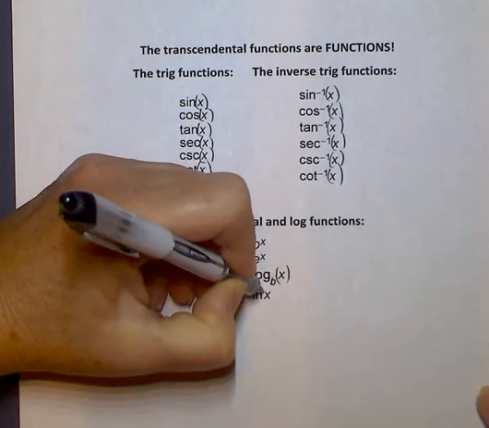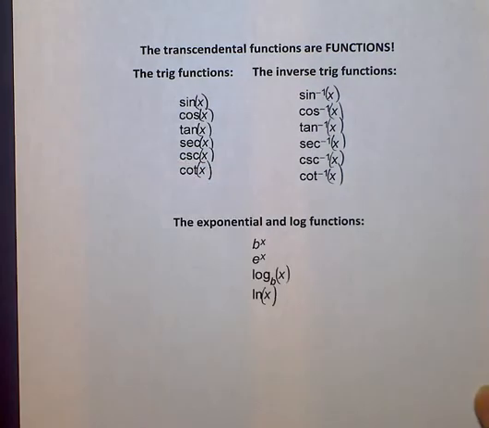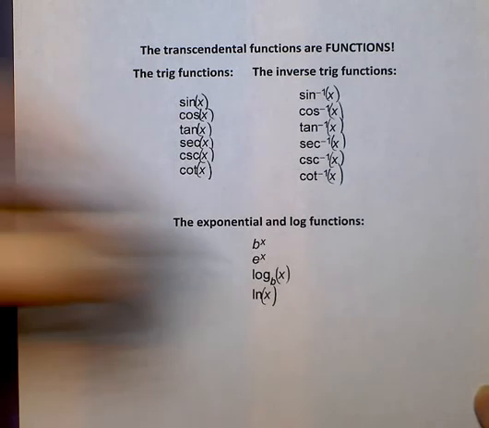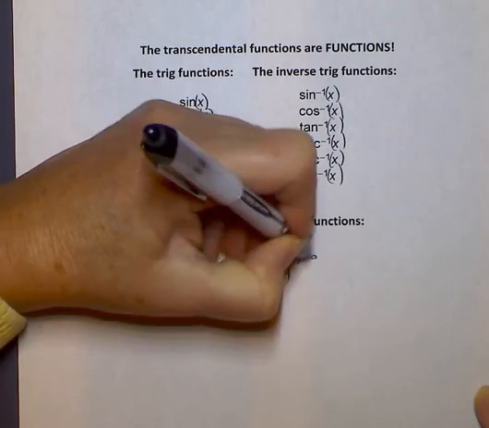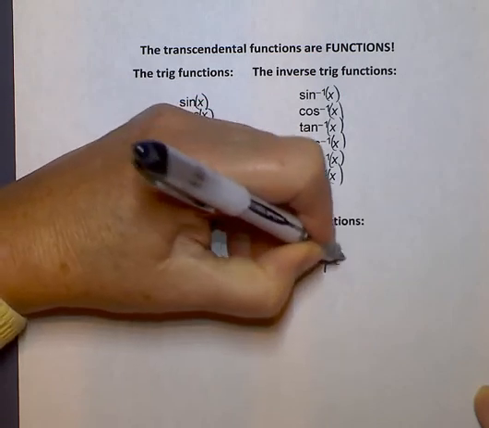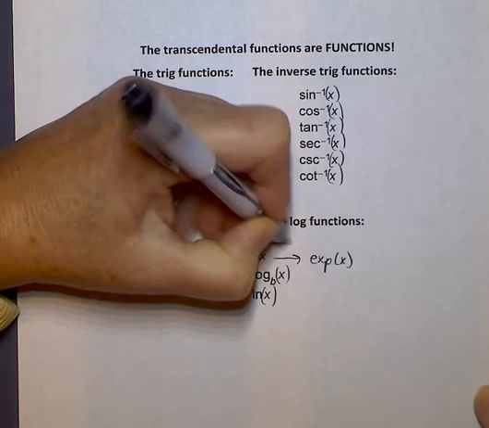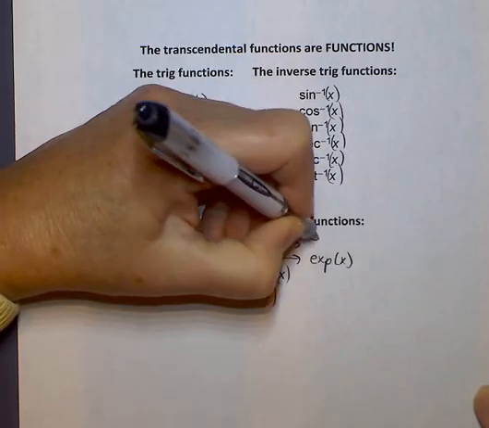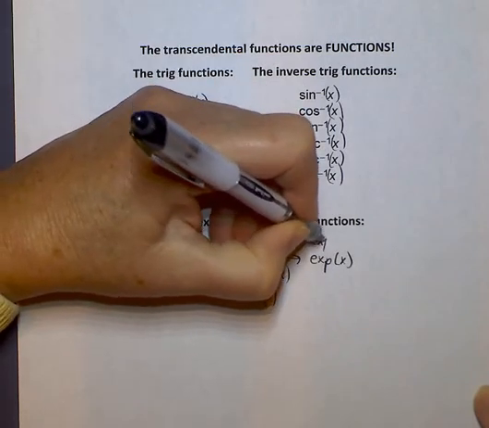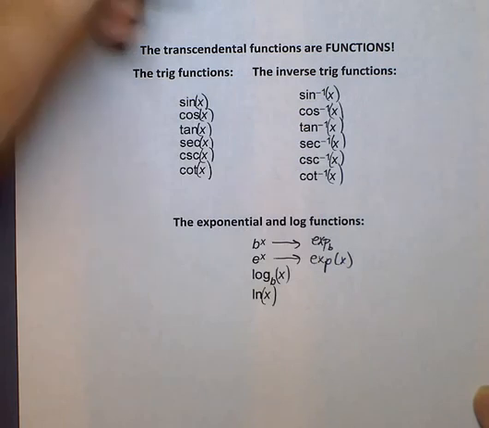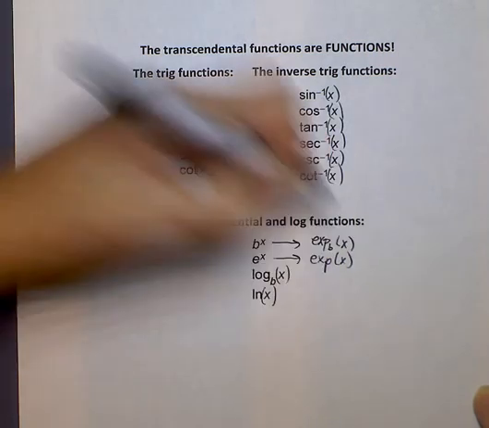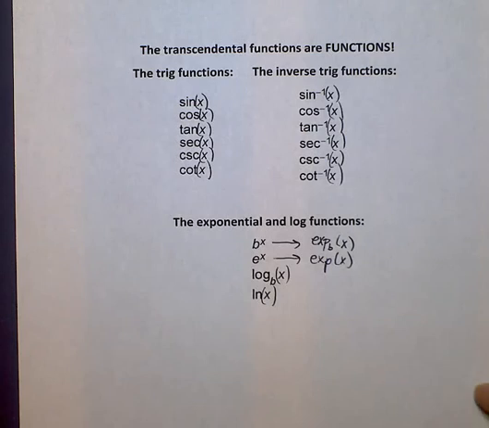Of course, for the exponential functions, this is a little bit awkward, but many computer algebra systems will write e to the x instead as exponential of x. And I guess the b to the x, we could sort of adapt a hybrid expression like exponential base b of x. That'd be very consistent with how we write logs, and it would be easier to see these as being function notation.